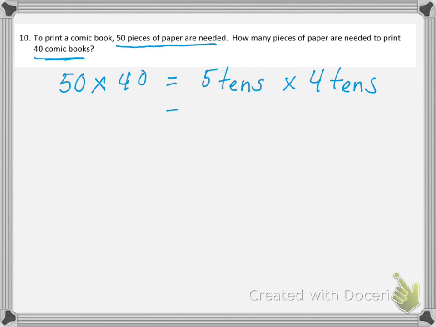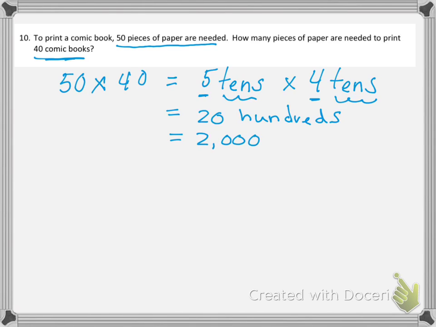All right? So 5 times 4 is 20. But then we have 10 times 10 is 100. So we got 20 hundredths. And what does 20 hundredths look like in standard form? It is 2,000.